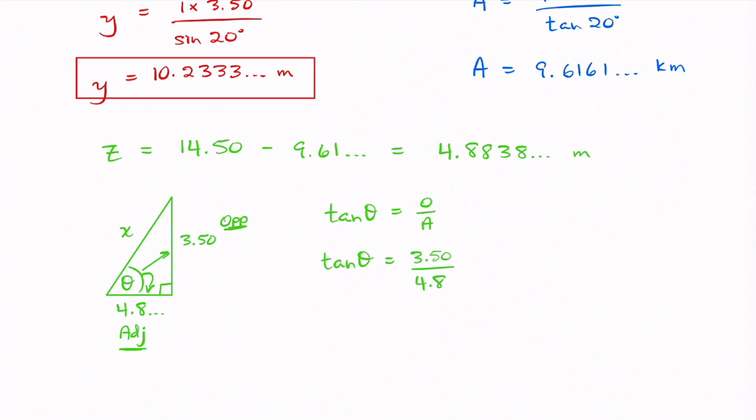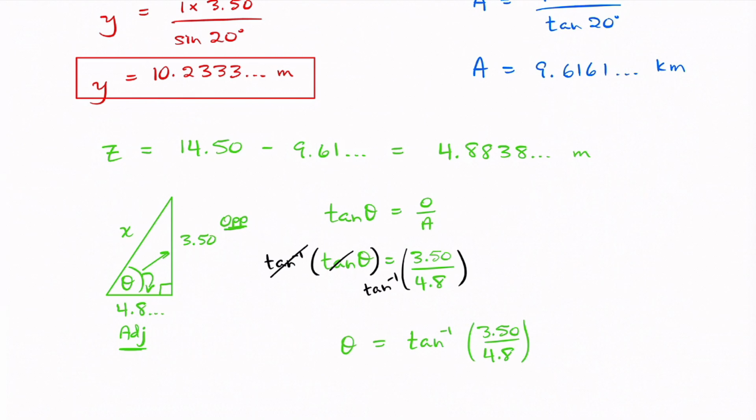Okay, and then to get rid of that tan, we got to take tan inverse. Do that on both sides. Okay, so tan inverse cancels, and I get theta equals tan inverse of 3.50 over 4.8. And that 4.8 number, it had all those other decimals in there. Make sure you use all of those decimals.